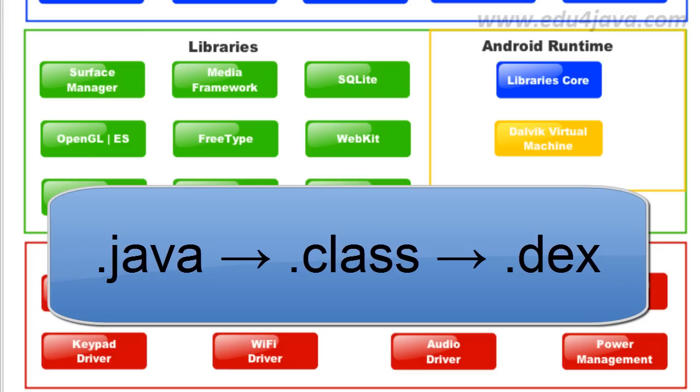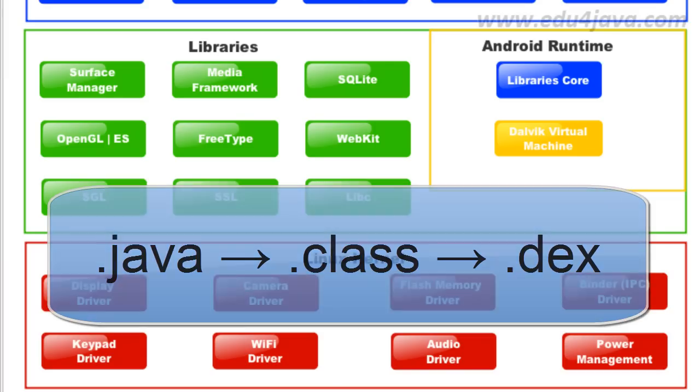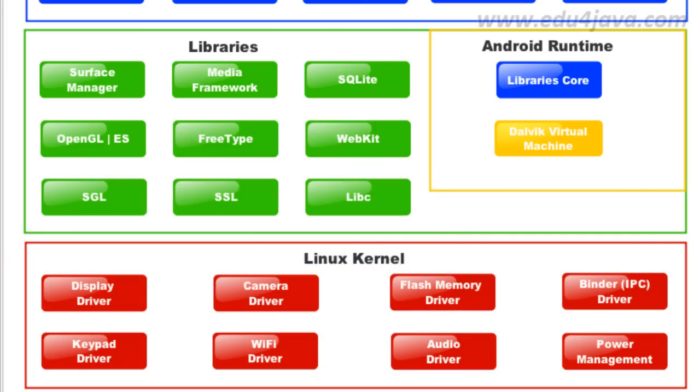This is the file that can be executed by the Dalvik virtual machine. This is because Dalvik virtual machine is really interested in not spending a lot of resources. It's trying to save memory and processor resources.